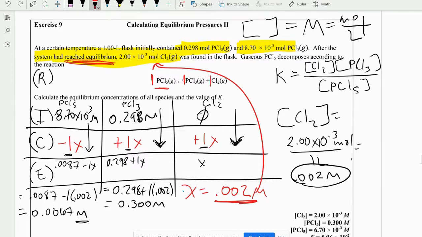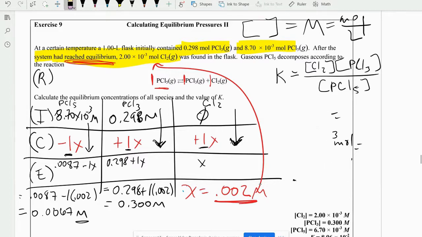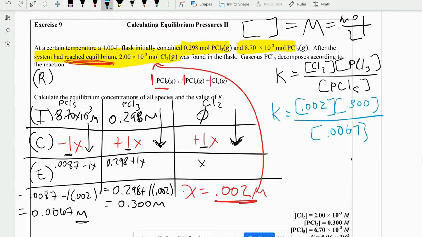You are simply going to now plug these values into the equilibrium expression. This is a relatively easy calculation, and hopefully you were able to get the same answer I did, which is 8.95 times 10 to the minus 2.